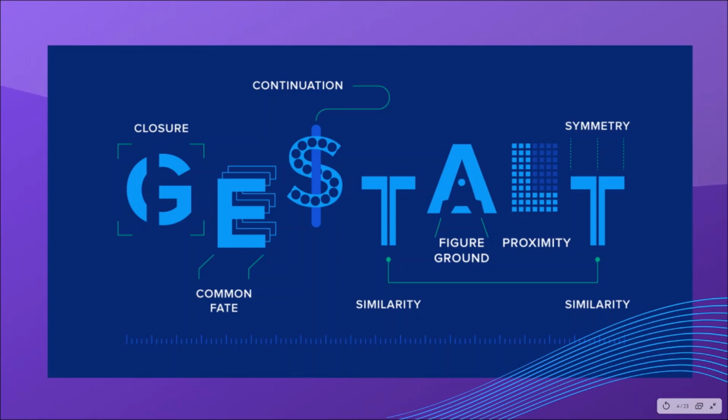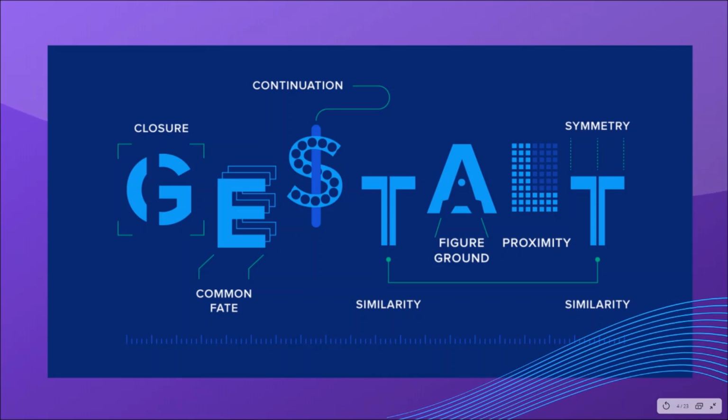Our mind plays a game over here, and we perceive it as a whole letter, and we instantly say that this is a G. So this is what the closure property of the Gestalt principle is. The picture may or may not be closed, but your brain fills in the detail and actually sees what is behind it.